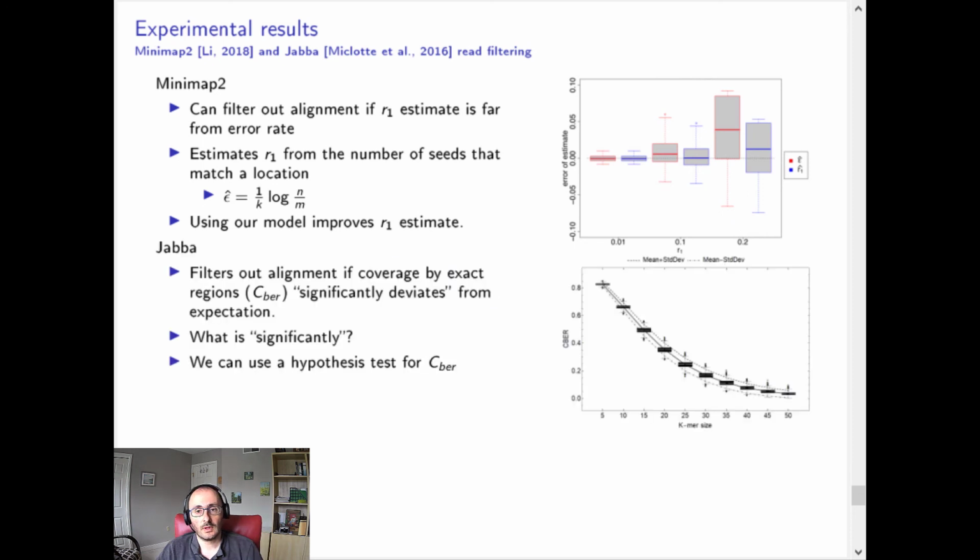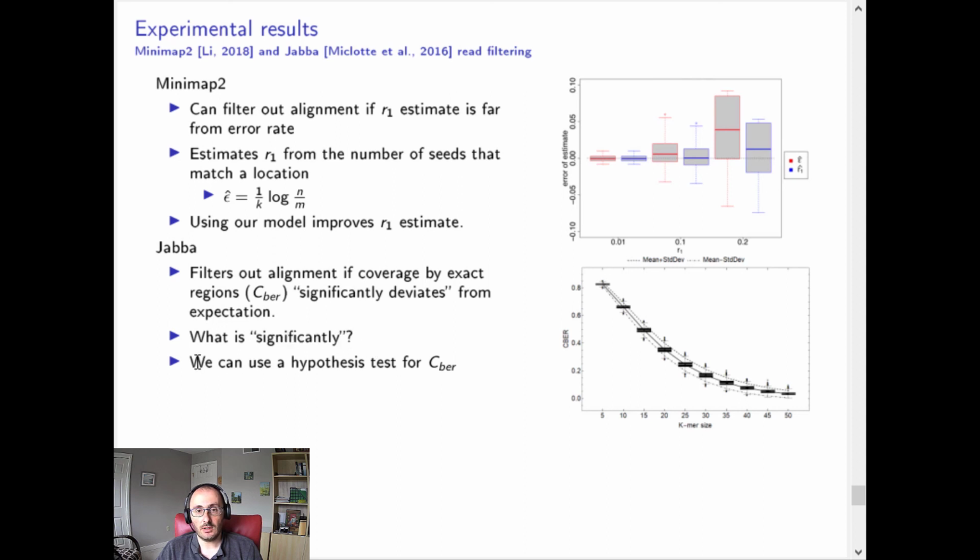In Java, which is a tool from Mikolov et al., which I mentioned earlier, they also have a way of filtering out alignments, but they don't use an R1 estimate. They measure instead the coverage by exact regions, this CBER, and see if it significantly deviates from expectation. However, they don't really say what significantly means, how to interpret it precisely.